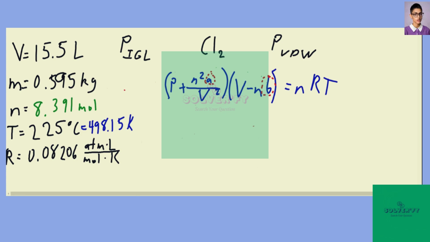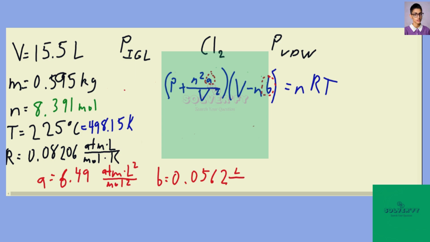If you look there for chlorine, you'll see that A is 6.49 atmospheres times liter squared over mole squared. And B is going to be 0.0562 liters per mole. I'm not good at writing sixes. So these are the constants for chlorine gas.